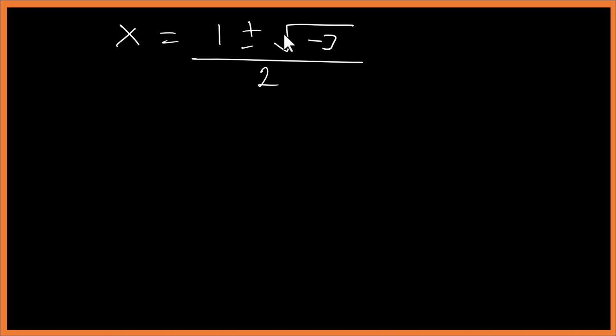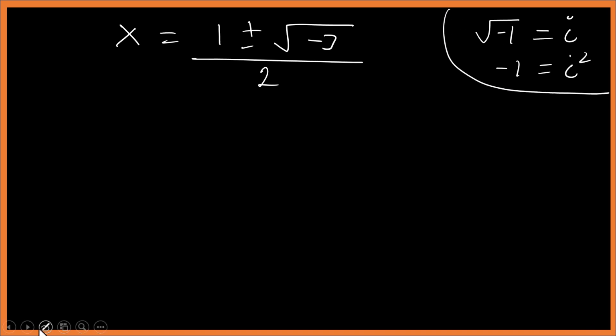Knowing this, the solution becomes complex. From complex numbers, the square root of -1 is the same as i. Therefore, -1 is the same as i squared.